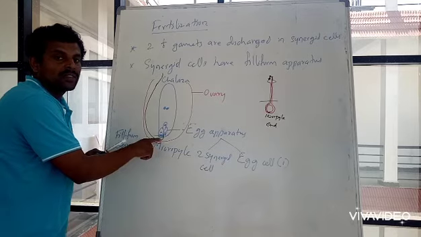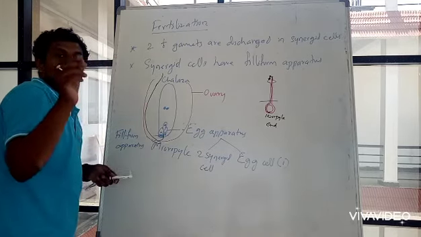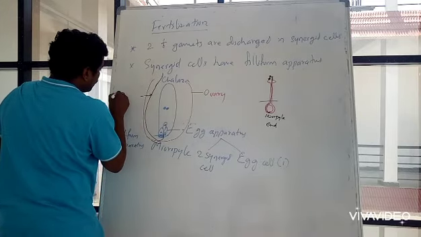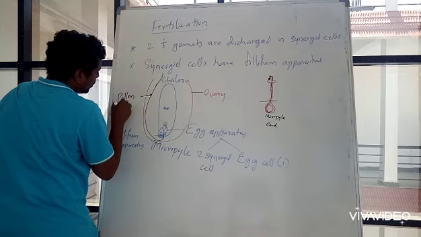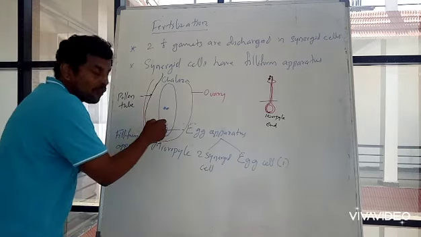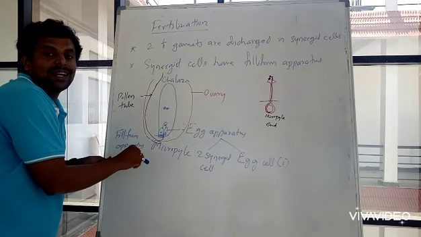Micropyle is a gap, and through that gap the pollen tube enters the ovule or embryo sac.